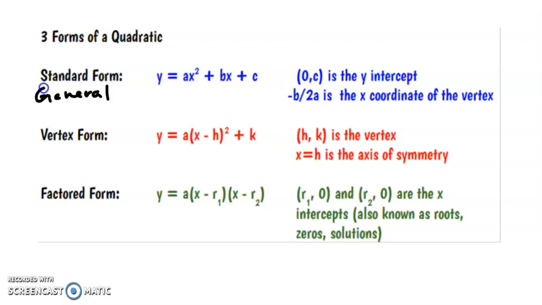We've got vertex form, which gives us the vertex of our graph, and then factored form tells us our roots. Notice how each form has a different number of parentheses in them. And so that's one way you can quickly identify which form you're given.